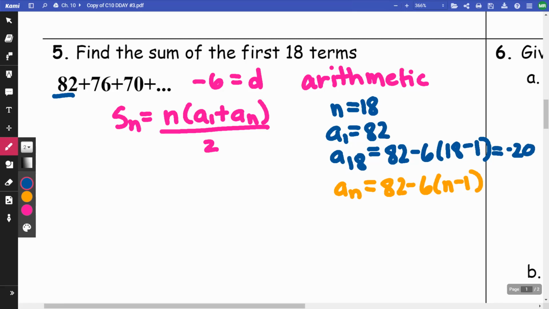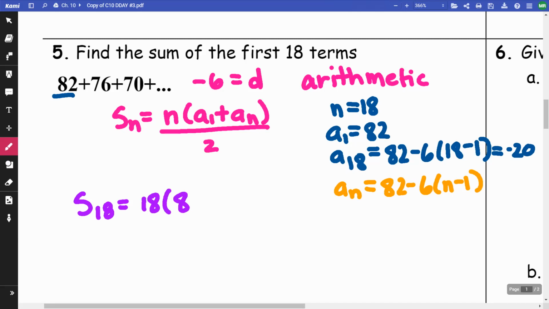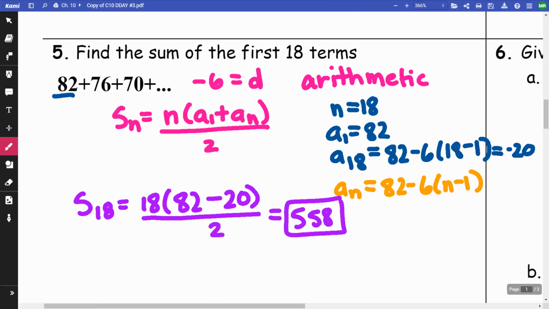So that's my a sub 18. So now when I come to do this equation, I am going to have S sub 18 is equal to 18 times 82 plus a negative, but I'm just going to write it as a minus 20 all over 2. And so when I do that, I end up getting 558 as my answer.